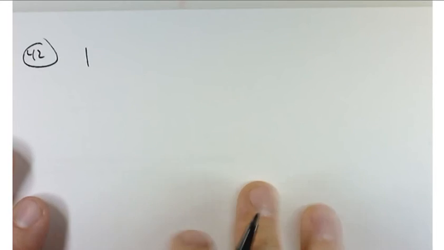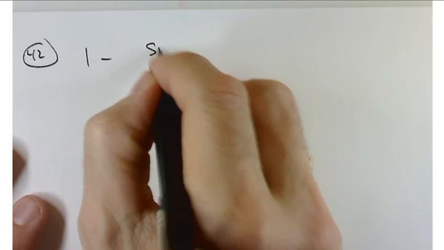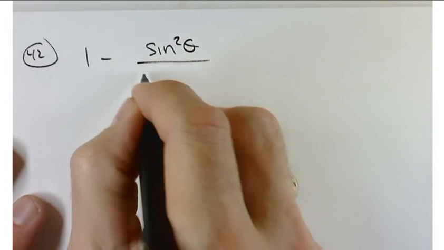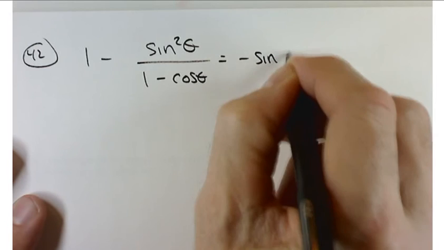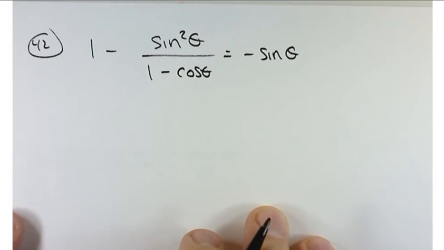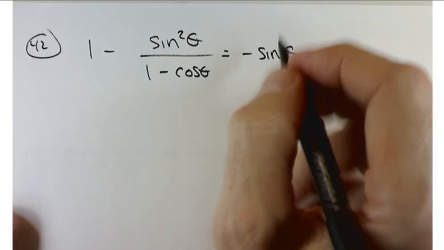All right, let's try that again a different way. This is only just to show you that there's more than one way to do these things. Sine squared of theta over 1 minus cosine of theta equals negative cosine of theta.